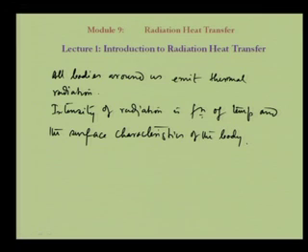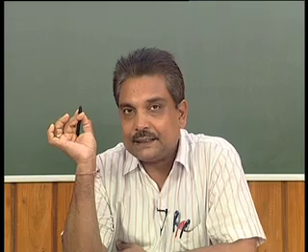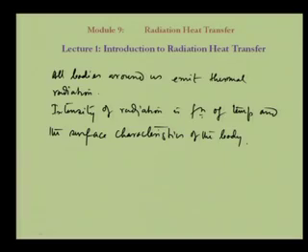Now, what happens is that a body cannot emit any thermal radiation when it is at absolute 0. So, that means all bodies around us emit thermal radiation above absolute 0 temperature. As we understand, because temperature is important, the more the temperature, the more important thermal radiation becomes.